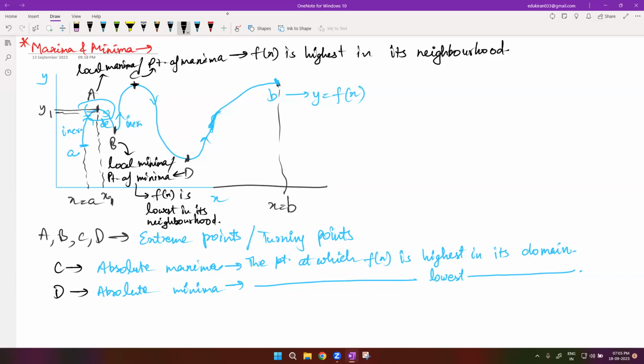So these are the two most important things and will be very crucial in understanding these extreme points.